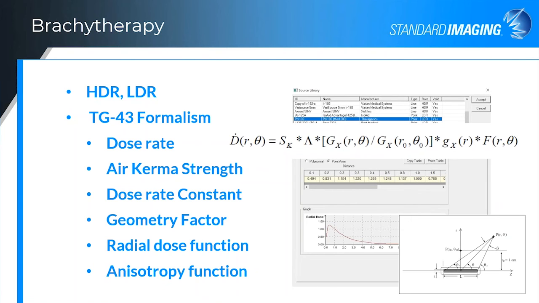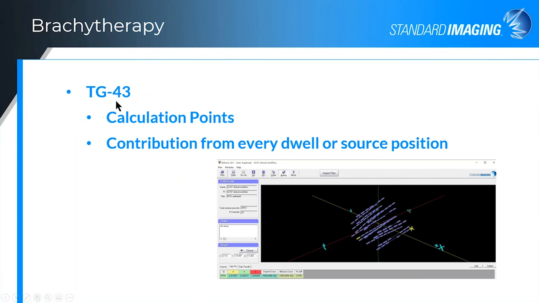And of course, with each source in place, either in a dwell position for an HDR source or the implanted position for the LDR sources, then this formalism is used to produce the composite dose at a particular point for your plan. So, of course, you have your calc points and, as I previously stated, your contribution from every dwell or source position.